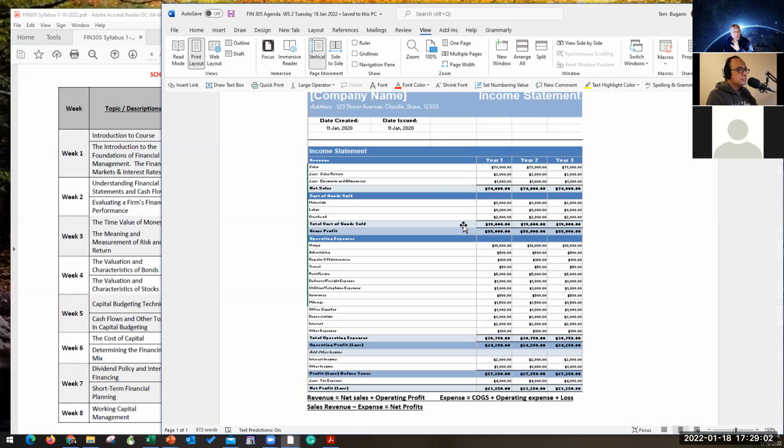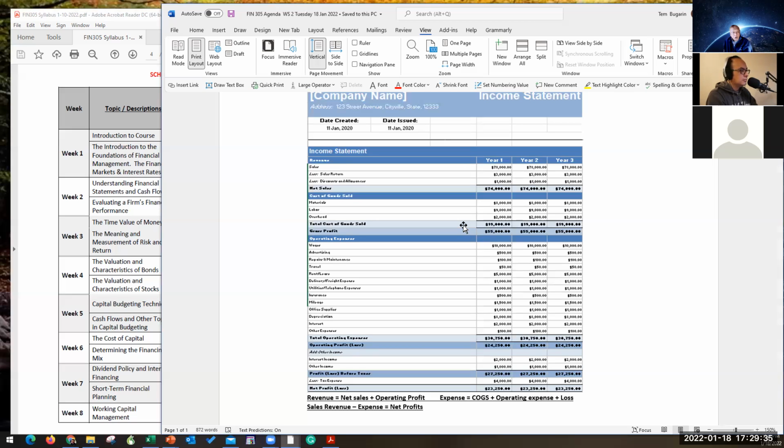And so when you add up your revenue with your operating profits, and then you add up your cost of goods sold, operating expenses, and so on, if you add all your net sales and operating profits, it should come up with the right revenue amount.